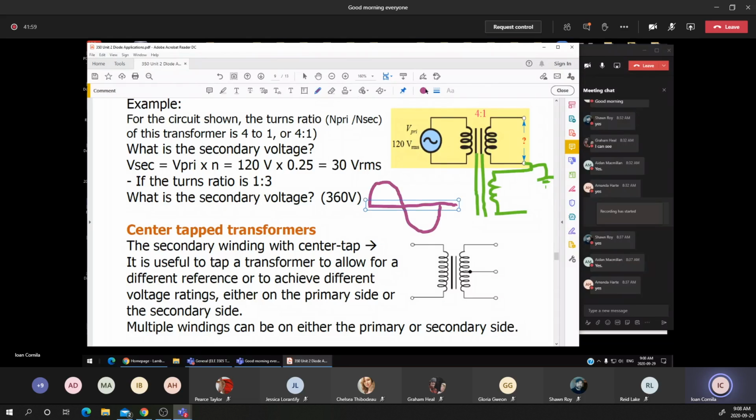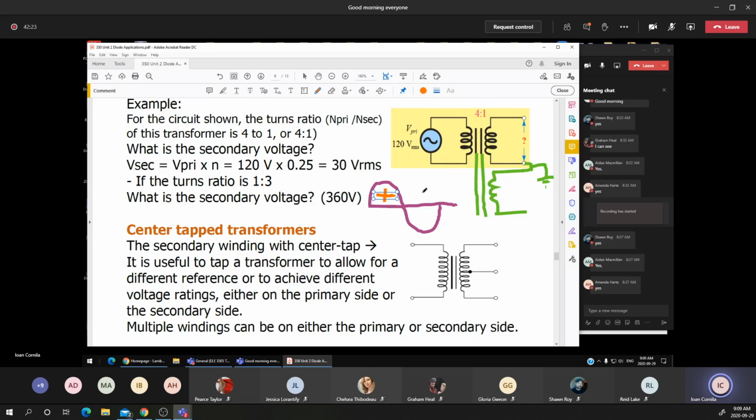I'll use different colors, say this color, for the first half. Again, how can we analyze an AC circuit? As a rule, make an assumption.